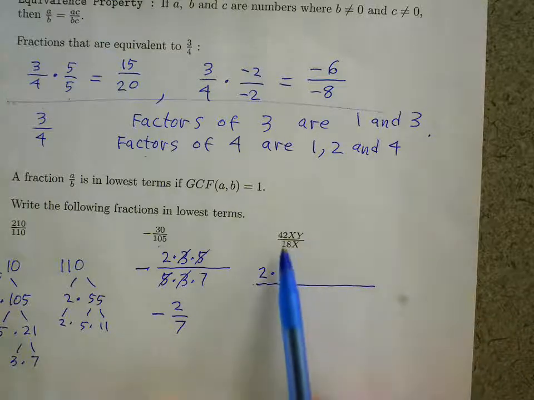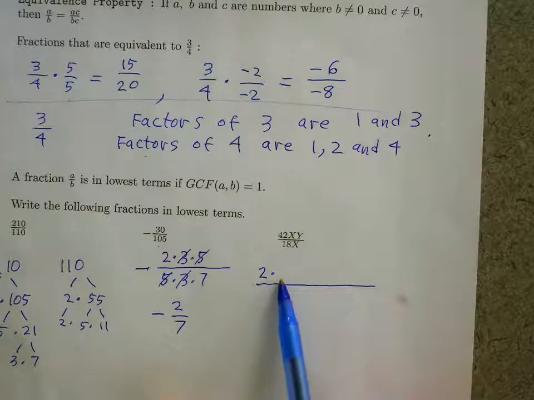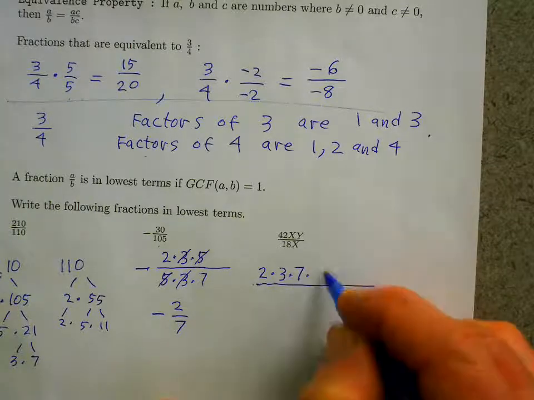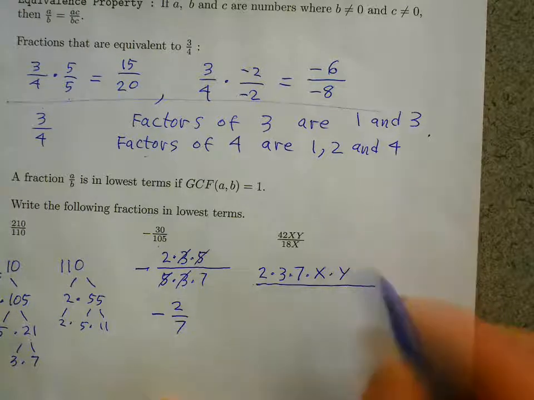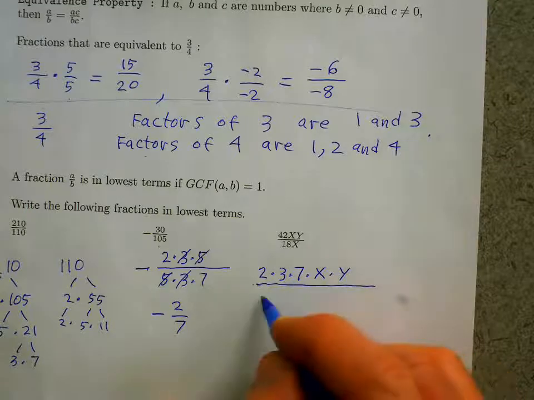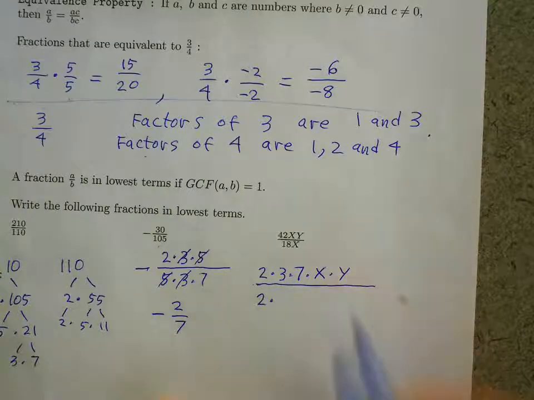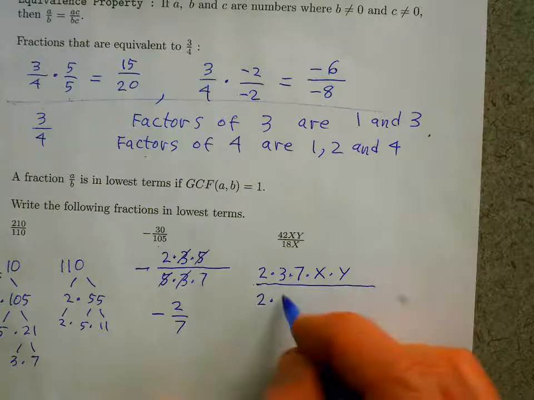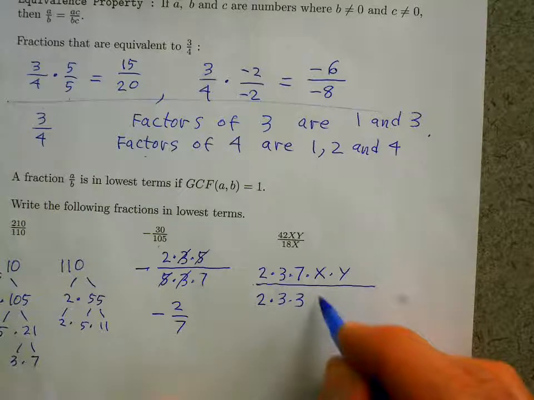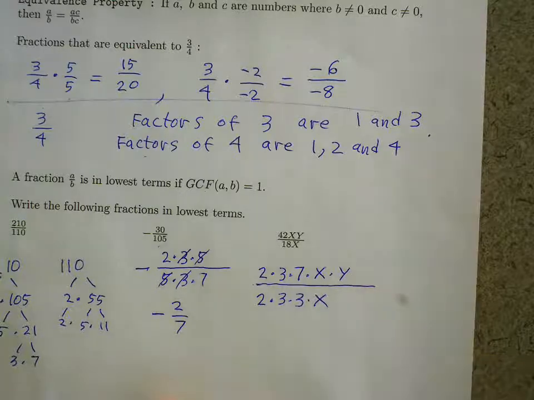We keep seeing 21 over and over again. 2 times 21, 21 is 3 times 7. And then x times y. And then in the denominator, 18, 2 times 9 is 18, and 9 is 3 times 3. And we have a factor of x in the denominator also.